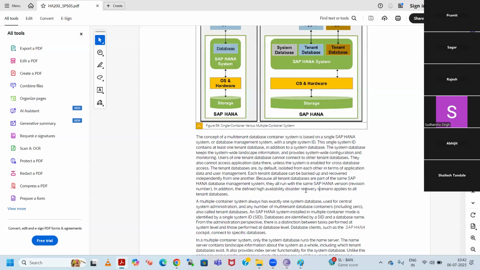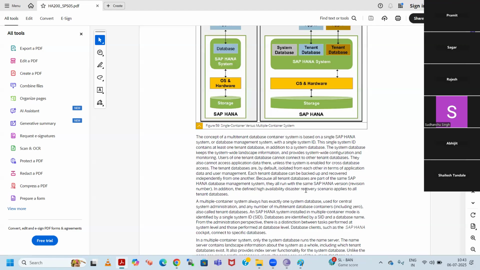We have studied until now that your system DB does not contain any data. So you clearly have to tell your interviewer that system DB without tenant is of no use. I cannot run any application. I cannot do anything.